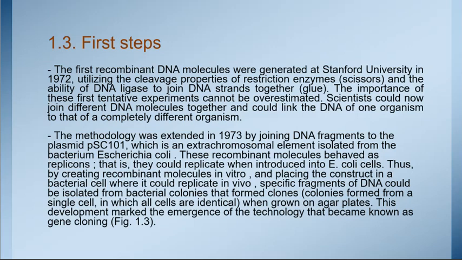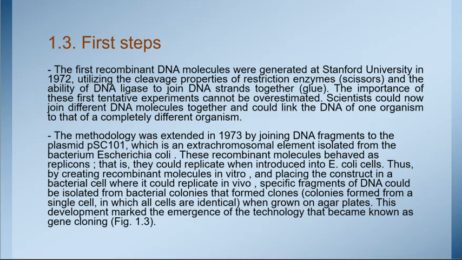The methodology was extended in 1973 by joining DNA fragments to the plasmid pSC101, which is an extrachromosomal element isolated from the bacterium Escherichia coli. These recombinant molecules behaved as replicons, that is, they could replicate when introduced into E. coli cells.